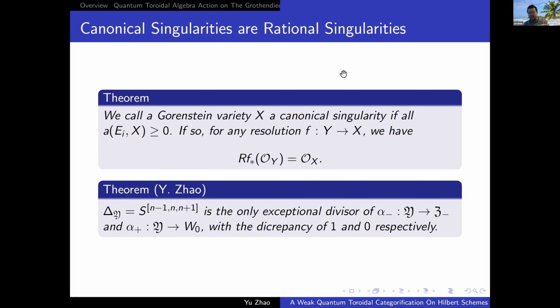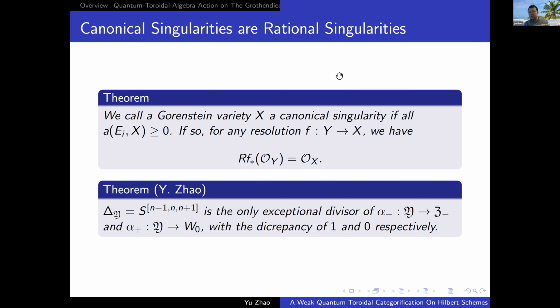We could also say that it is a log canonical singularity for discrepancy greater than or equal to -1. And there are other notions like KLT, Kawamata log terminal singularity, or divisorial log terminal singularity, and other singularities, but we would not introduce them today. We would focus on canonical singularity.